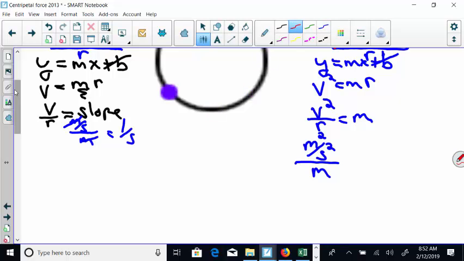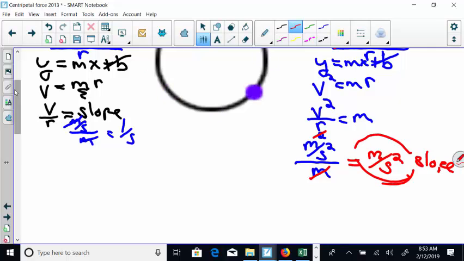One of those meters cancels out, and our unit of slope comes out to be meters per second squared. That meters per second squared should be a very common unit to you. What you should recognize it to be is the unit of acceleration.